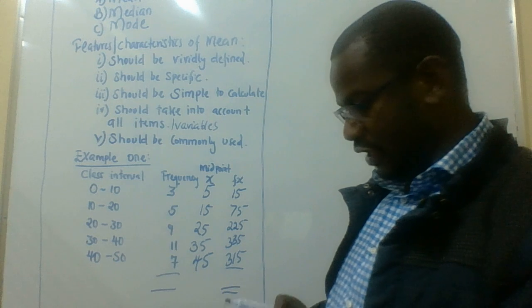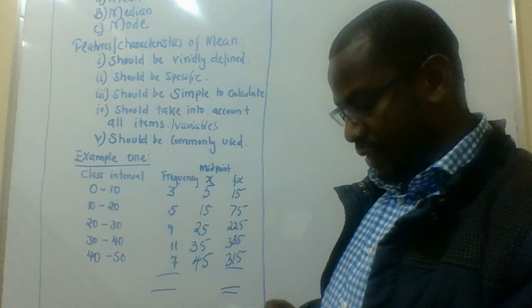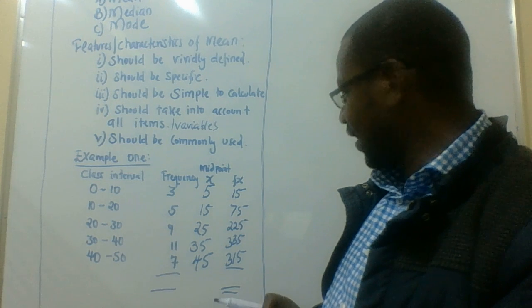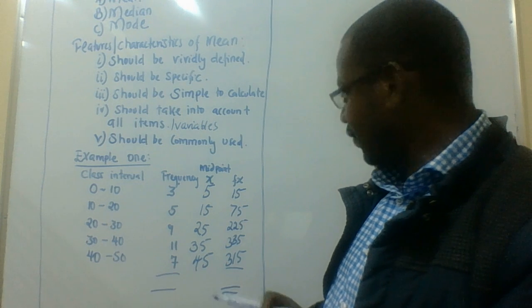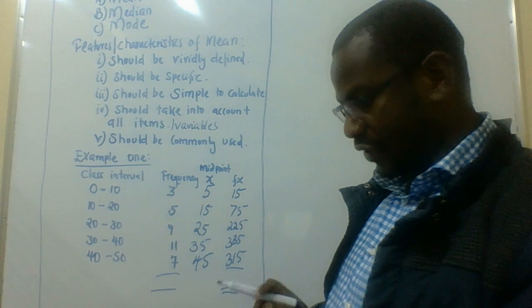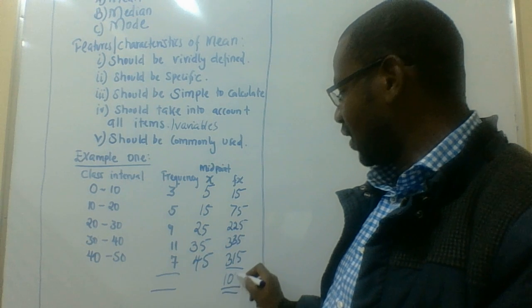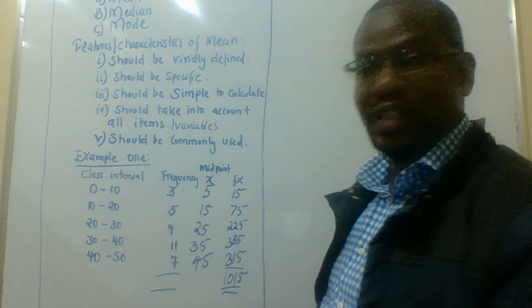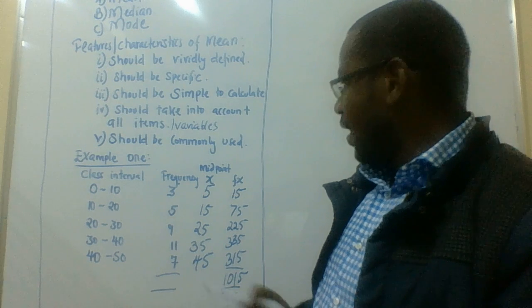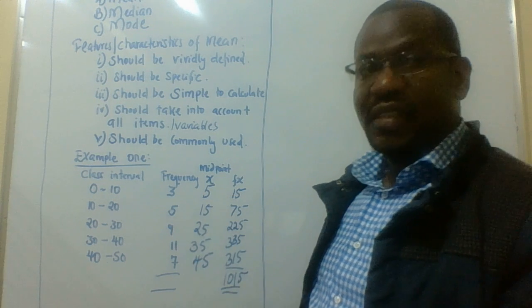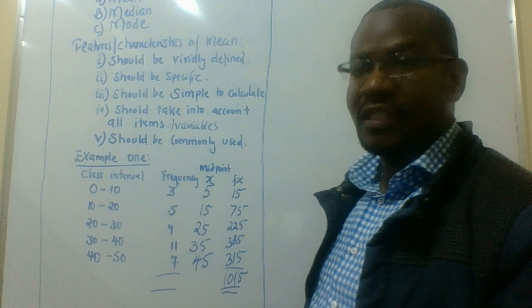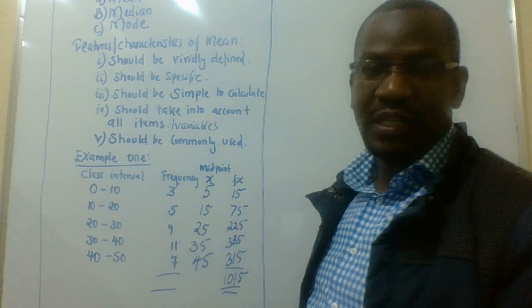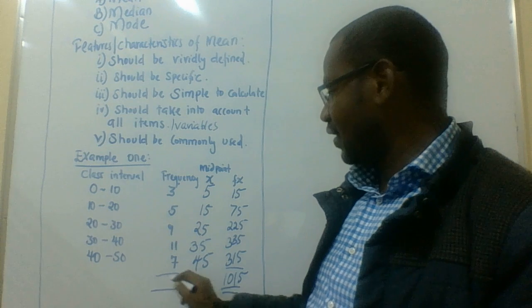So 315 plus 385 plus 225 plus 75 plus 15, I'm getting 1015. That is 8 plus 9, that is 17. 17 plus 11, that is 28. 28 plus 7, that is 35.